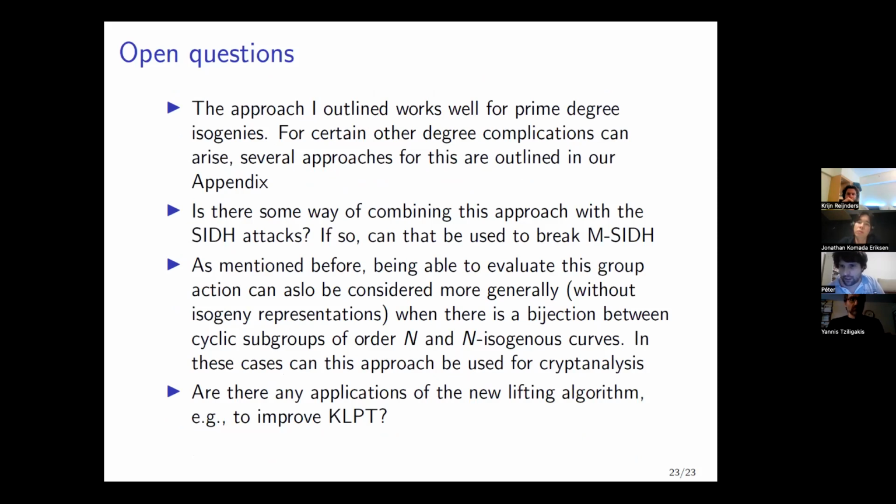I don't think everyone got that far in our paper to read the appendices, but if you are interested in how to adjust this to general n, mainly what we care about is prime n, because that's what pSIDH was designed for, but we wanted something for general n, and it only works if n has at most log n prime factors or something like that.